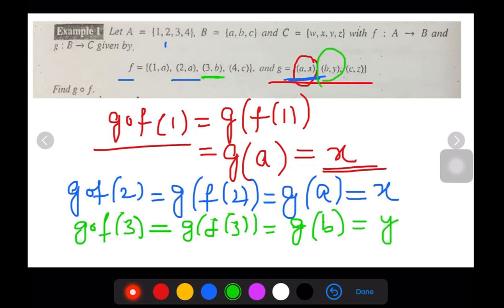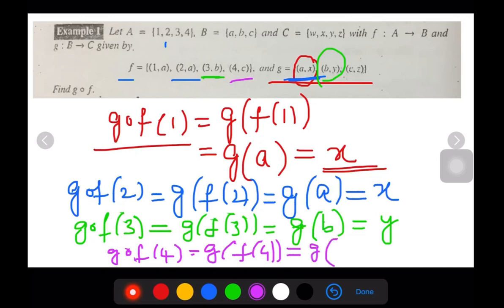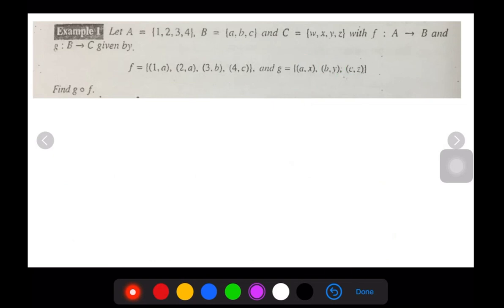Answer is y. In the similar way, you have to find out for the last element also. 4. G of F of 4 is equal to G of c, since F of 4 is c, and G of c is z. Answer is z. So that is the answer for all of these.